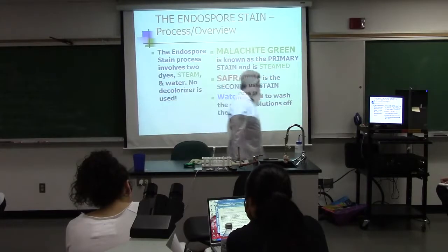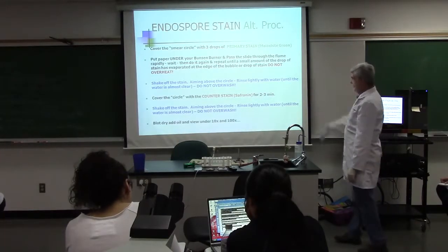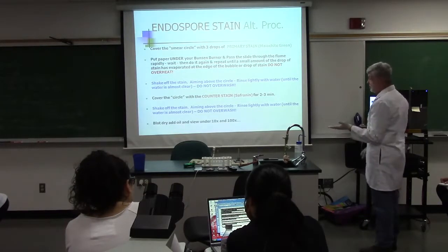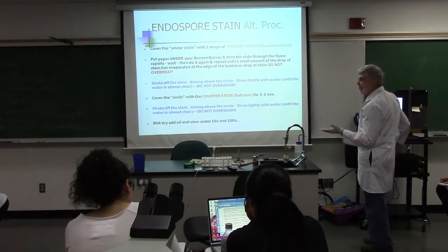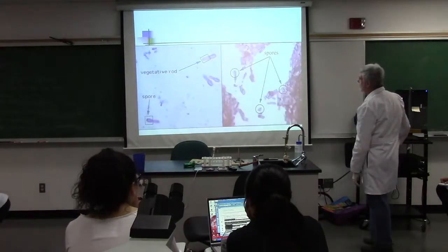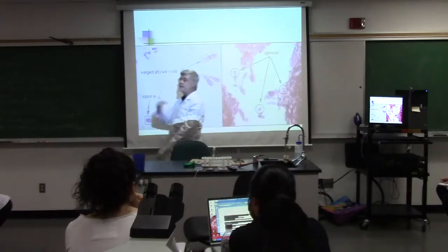Okay, so next, these are just the steps. Be sure to put a Bunsen burner paper underneath because this one, remember, like cancer, it spreads. Malachite green, awful.